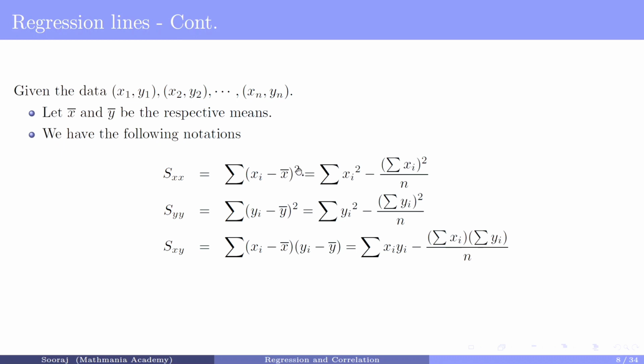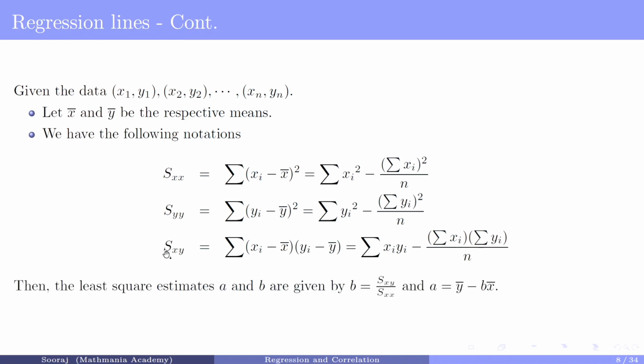So basically we are calculating something with the variance, not the complete variance. Similarly Syy and Sxy. Once you have these quantities you can directly estimate a and b as b equals Sxy upon Sxx, and a is y bar minus b x bar.